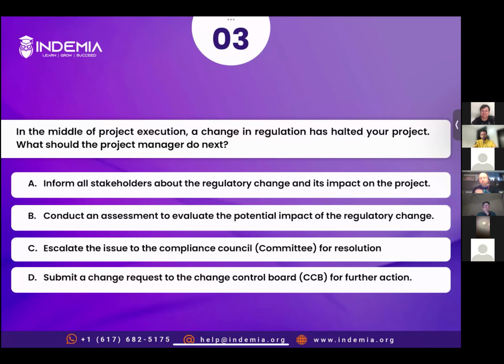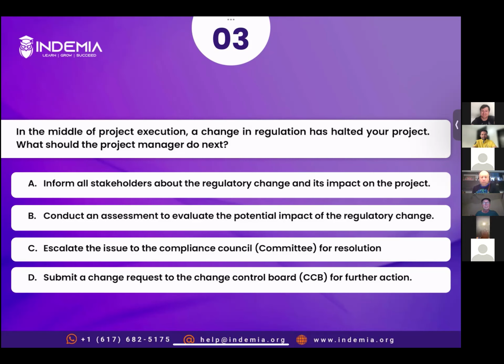Right now, we do not know the impact, right? So option A can't be the right answer. We don't know the overall impact. Option B: conduct an assessment to evaluate the potential impact. Again, one of the principles is first do the evaluation, right? Before taking an action, first do the evaluation unless it's an emergency situation.